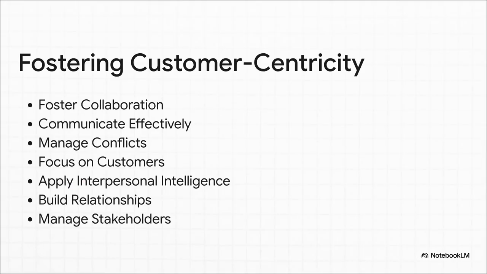So what does fostering customer centricity actually involve? Well, the enablers here give us the playbook. You can see it's a whole bunch of things. It's about managing conflict, building relationships, but then you see something like apply interpersonal intelligence. That's next level. That means reading the room, understanding what your stakeholders really need, not just what they're telling you.